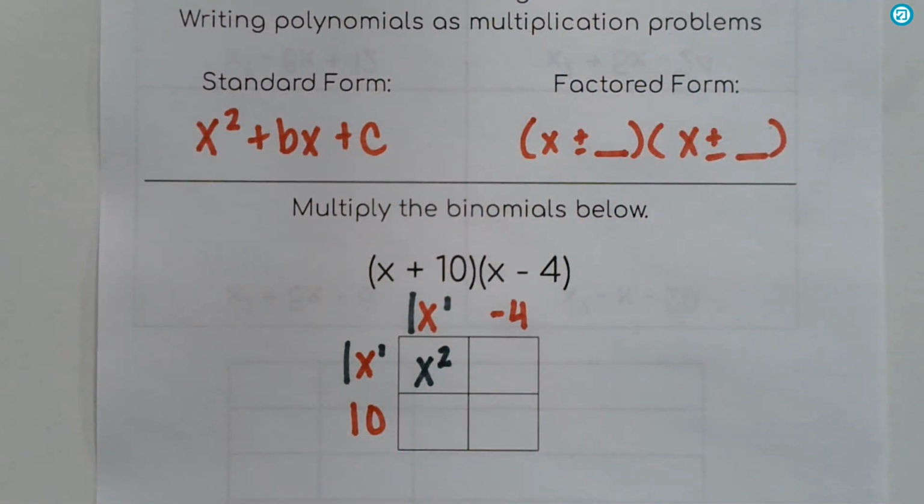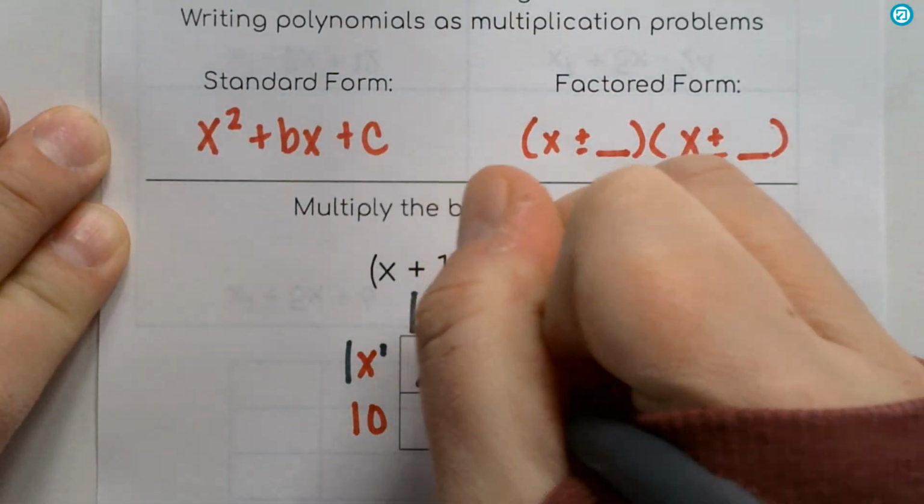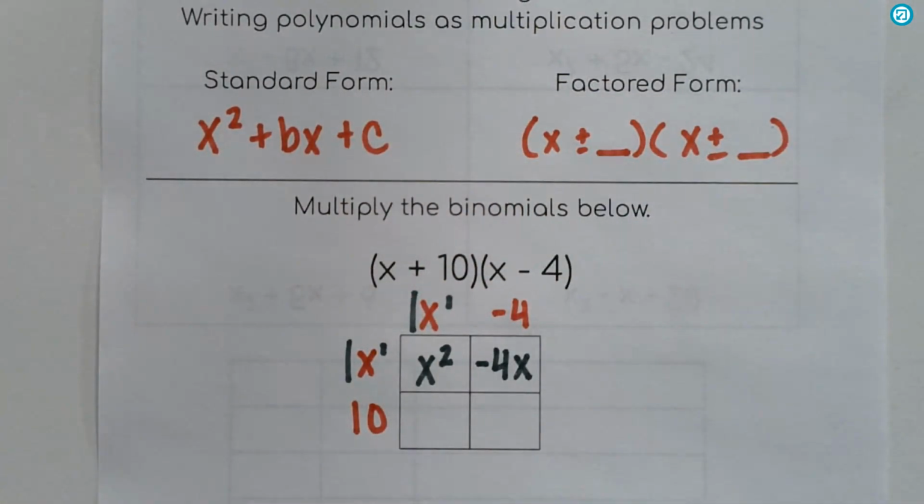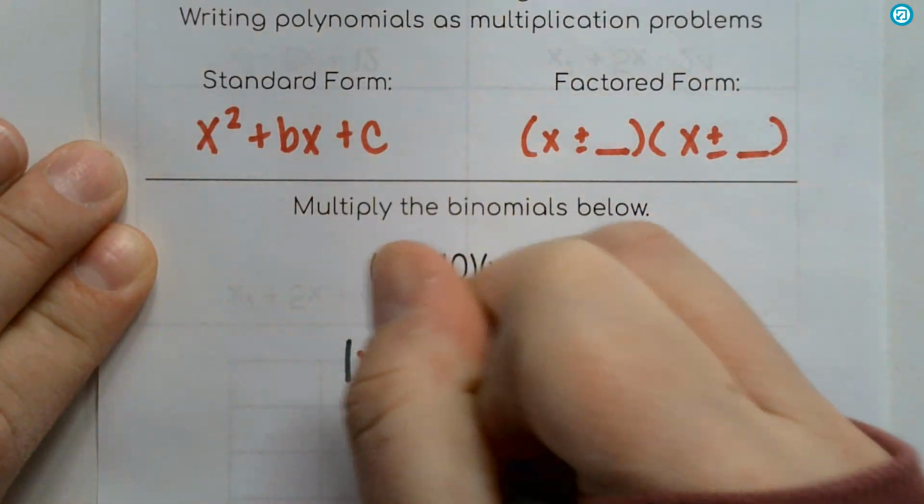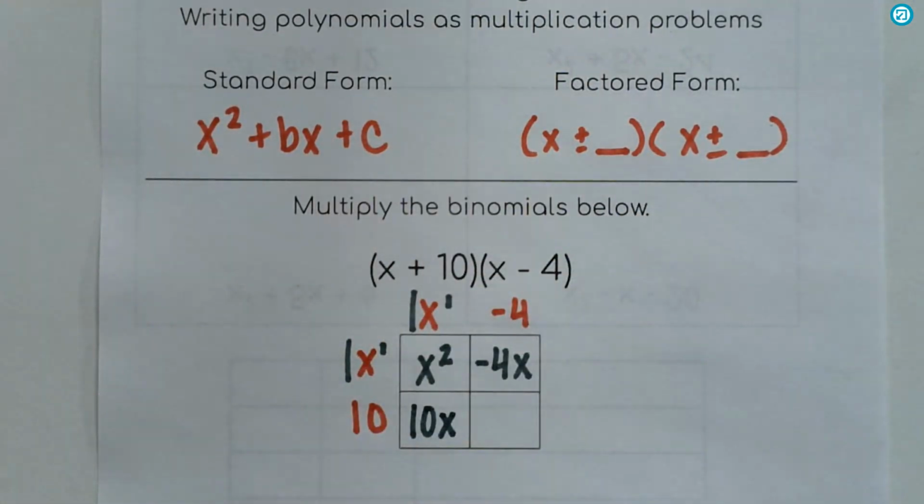The top right box, I've got -4 times x, which is -4x. The bottom left box, I have 10 times x, which is going to be 10x. And then the bottom right box is going to be 10 times -4, which is going to be -40.